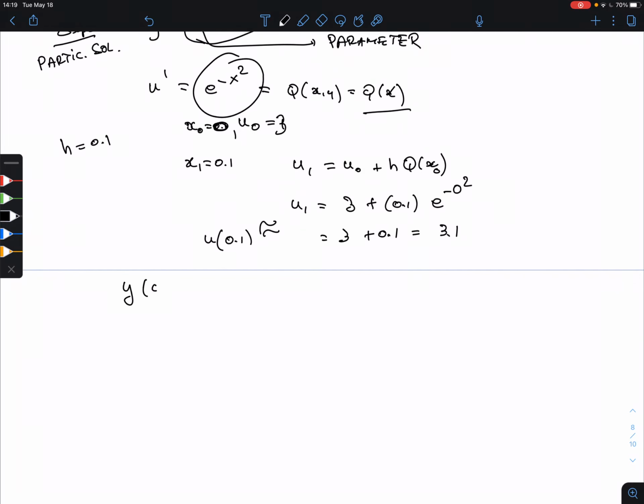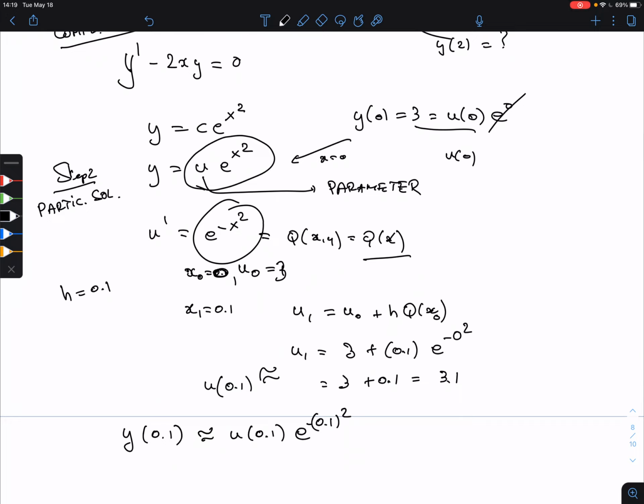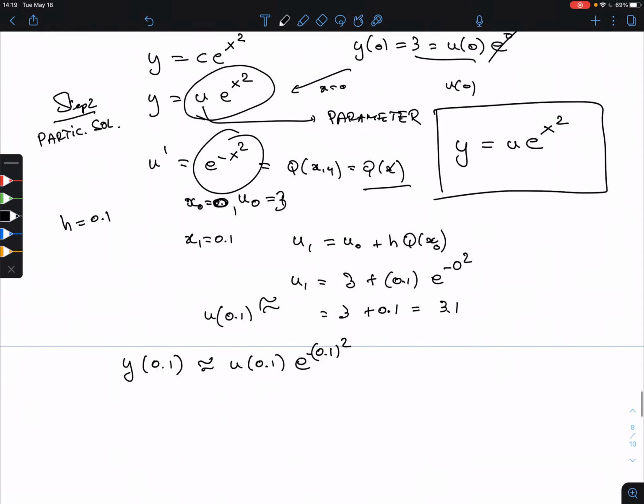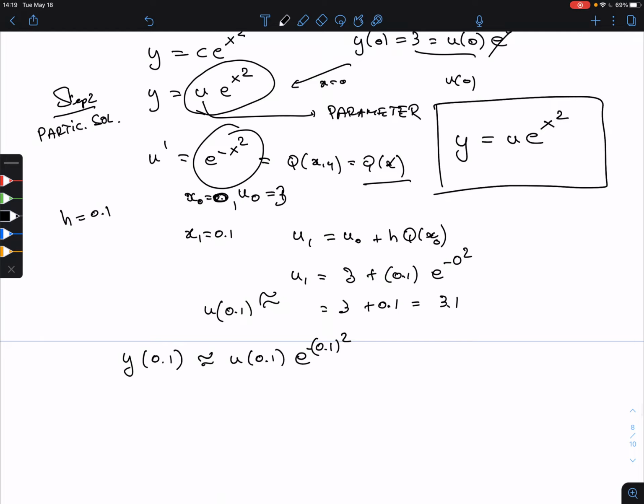So what is y going to be then? Approximately, it's going to be u(0.1) times e to the minus x squared at 0.1. Remember, this is where we were coming from, but we don't want u, we want y.